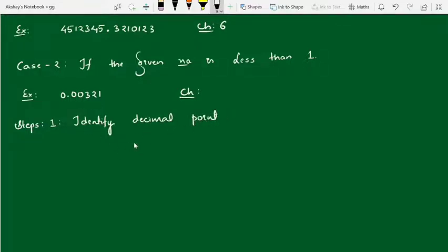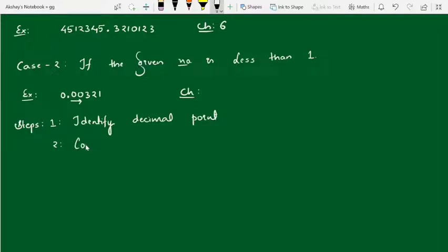Identify where your decimal point is situated in this number. Next, the second step: you have to count how many digits, zeros, are present on the right of the decimal point.